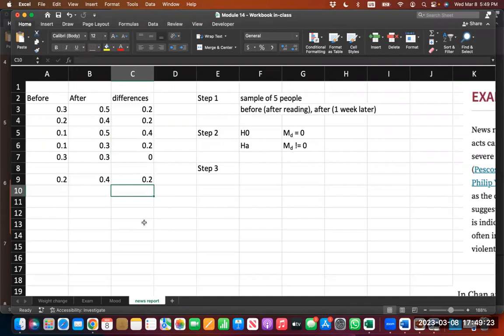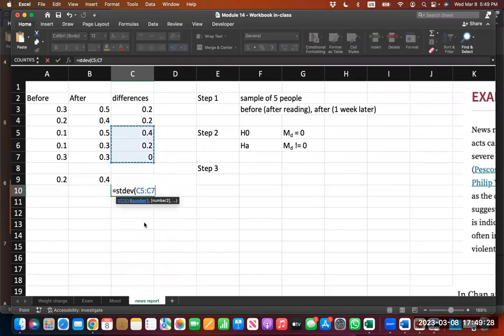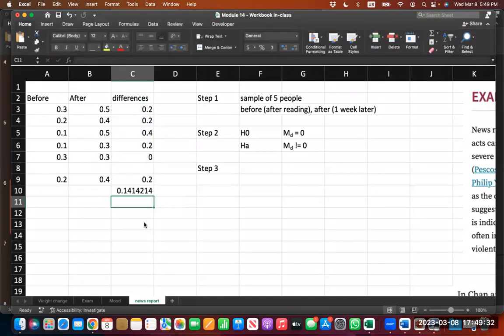Next, we need to calculate the standard deviation. And that's basically done with STDEV of these 5 entries. We're getting now an average, and an SD gives us here 2 different values.